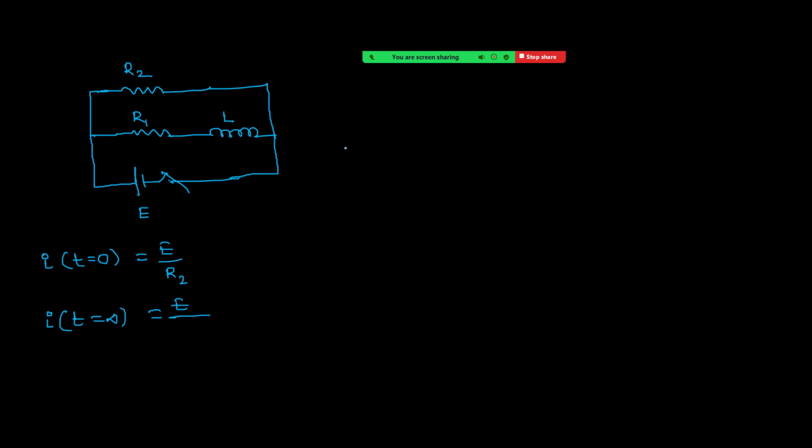What is the effective value? 1 by R equal to 1 by R1 plus 1 by R2, so R equals R1 R2 by R1 plus R2. So the current is E by R, where R is R1 R2 by R1 plus R2, because they are in parallel combination. This is after a long time.